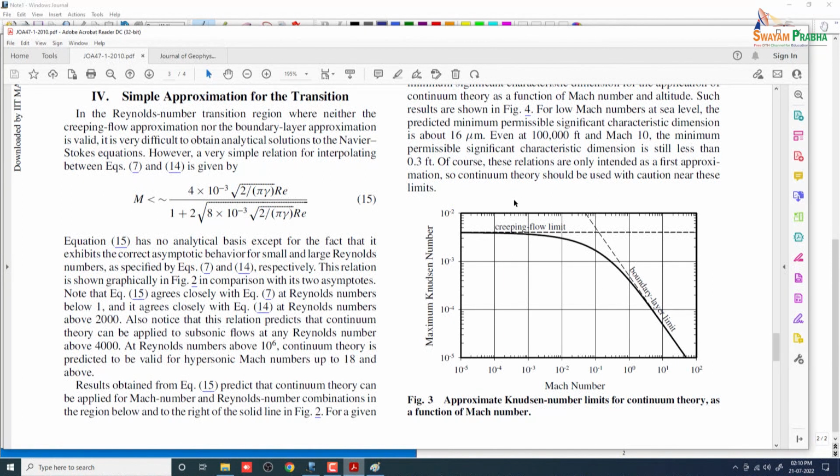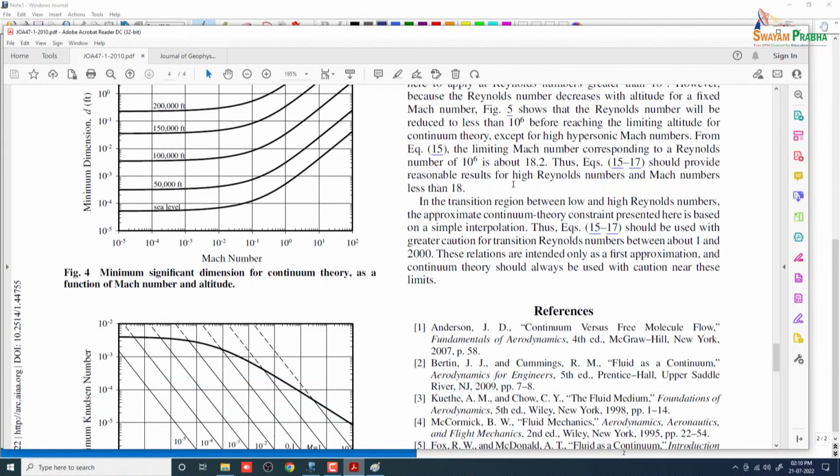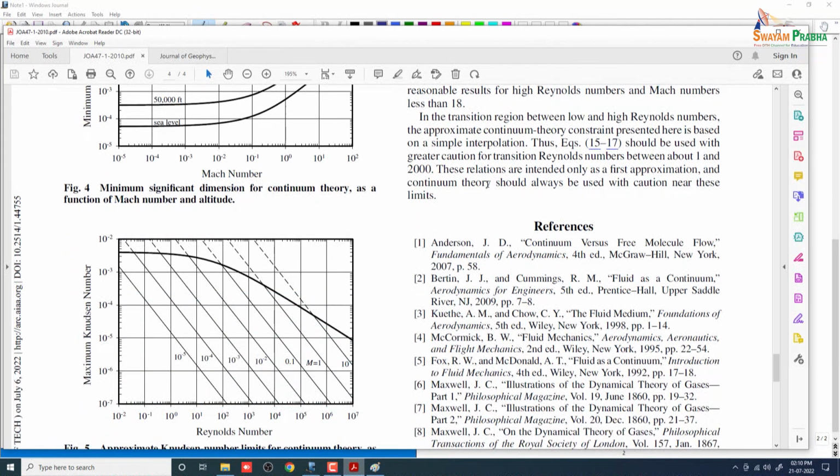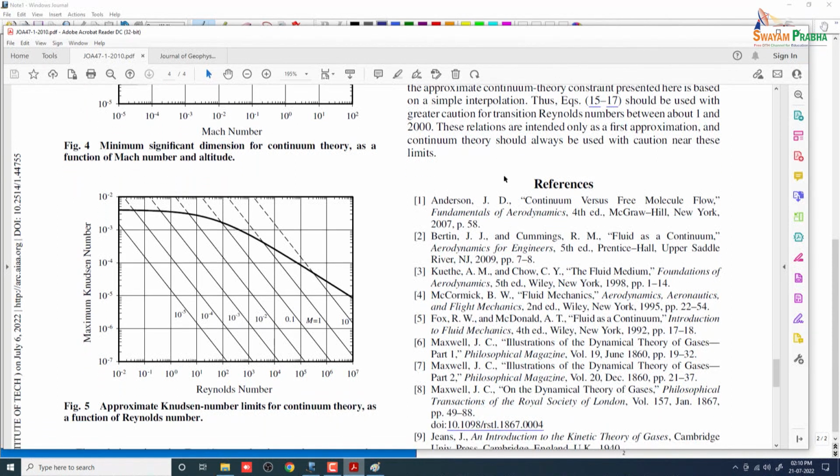Again, let us look at, say, figure 5 here. The x-axis is the Reynolds number, and the y-axis is the maximum Knudsen number, and all these lines are at various Mach numbers.